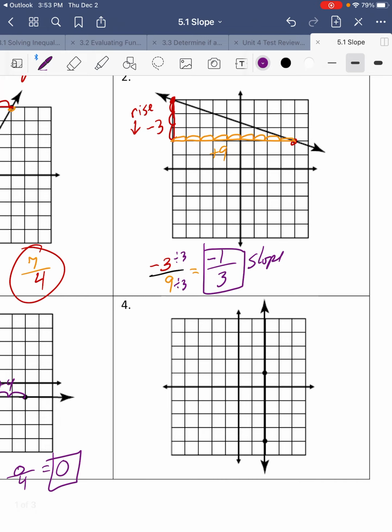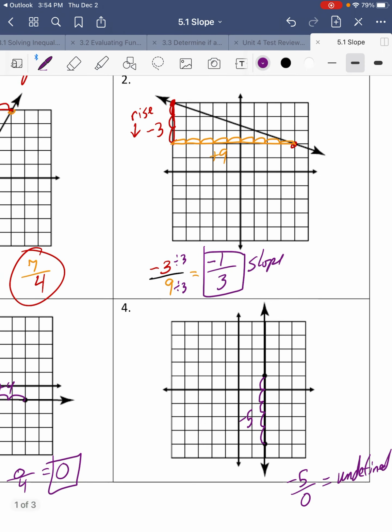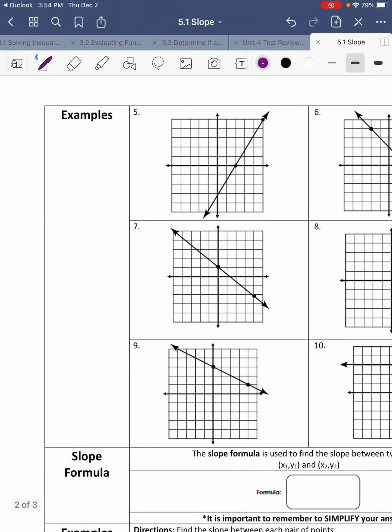Number 4, we go down 1, 2, 3, 4, 5. So we go down 5, and we go over 0. You cannot divide by 0 in math, so this is undefined, meaning there is no slope that we can actually say it is. So undefined is your actual answer there.